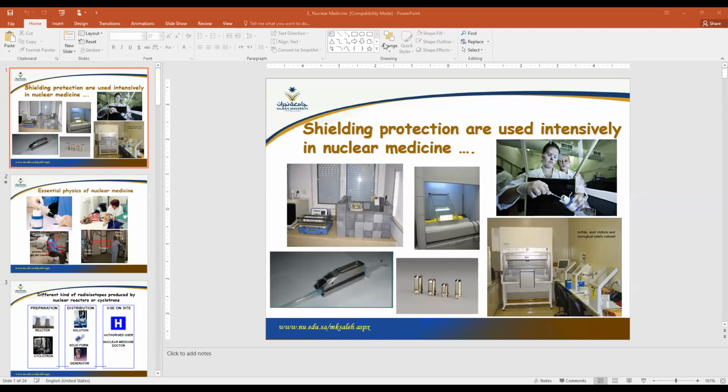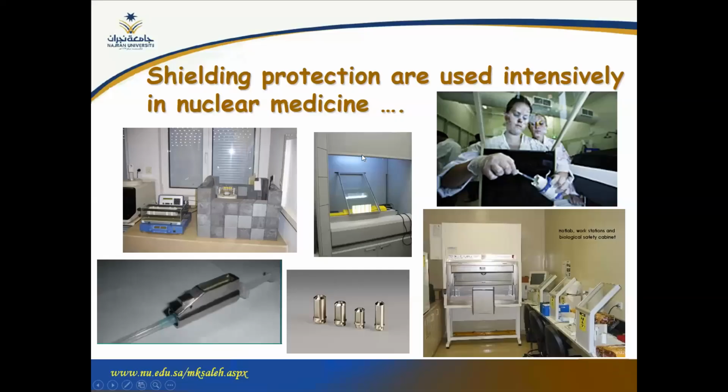Inshallah, today our topic will be about nuclear medicine. If we start with a definition, we can define nuclear medicine as a specialized area of radiology that uses a very small amount of radioactive material, or radiopharmaceutical, to examine organ function and structure.